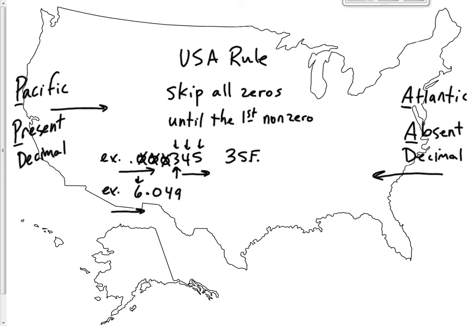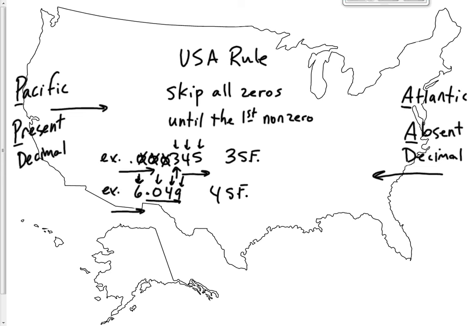And then we're going to count everything to the right of it. Okay, now some people mess up and say, well, this is a 0, we don't count that one. But because it's after the first non-zero, we're counting everything. Okay, so 6 is our first, 0 is our second, 4 is our third, and 9 is our fourth significant figure. So here we have 4 significant figures.